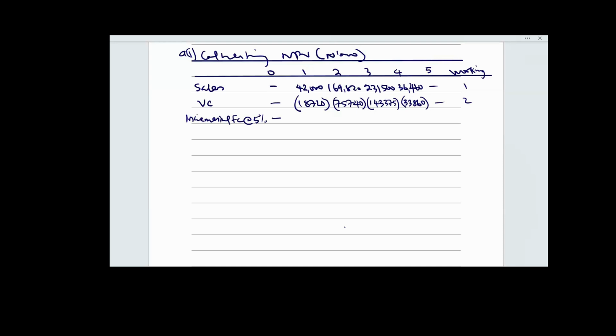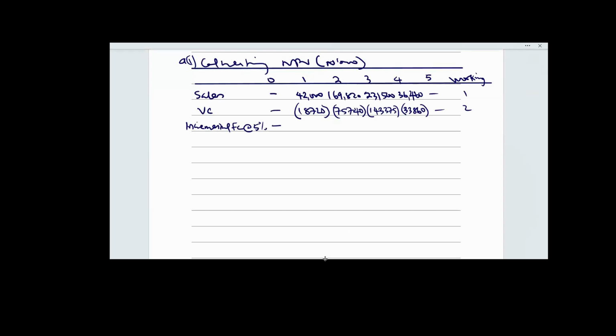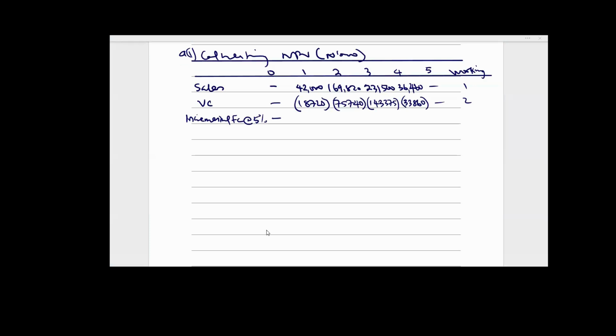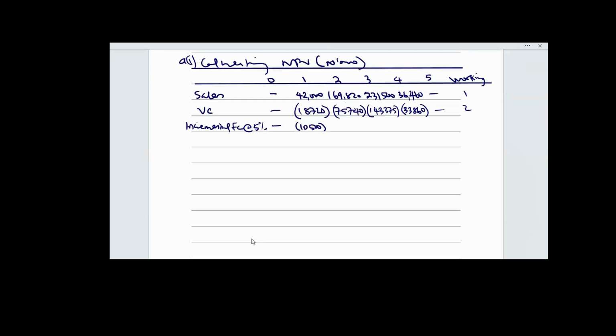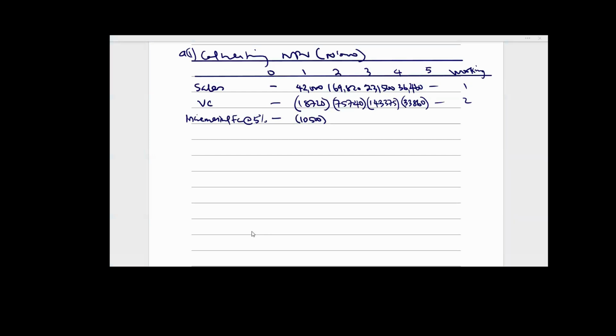So the first year fixed cost given to all is 10 million, which is 10,000 in thousands. So I don't need to do working like I said. I will just say 10,000 multiplied by the inflation rate of 1.05 equals 10,500. Here is 10,500. 10,500 multiplied by 1.05 equals 11,025.